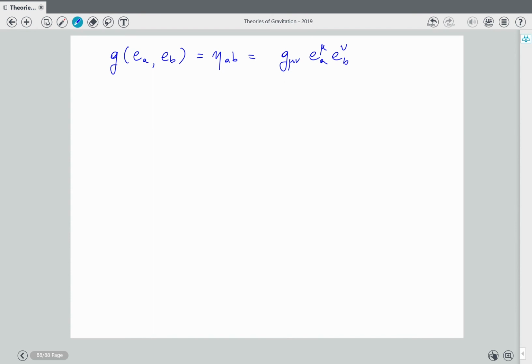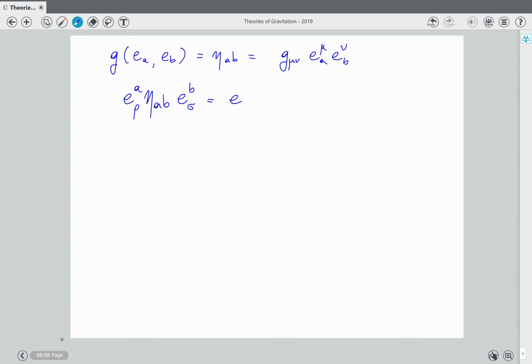But now we know that we can invert, we have the inverse of this, so we can multiply eta AB by something like E A rho E B sigma.